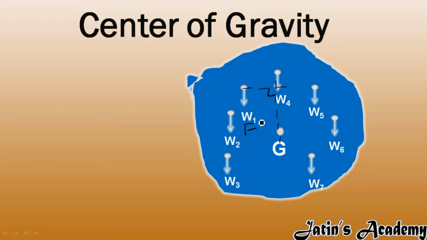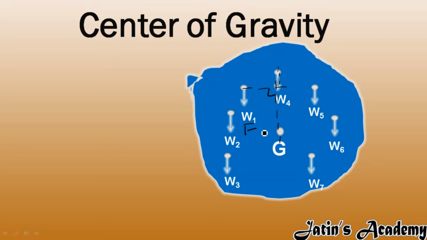Now carefully see and tell me, are W1, W2, W3 creating clockwise or anti-clockwise moment? They are creating anti-clockwise moment, and W5, W6, W7 are creating clockwise moment. And what about W4? For W4 the perpendicular distance is 0, because the line of action of the force passes through the center of gravity, so it does not create any moment of force.